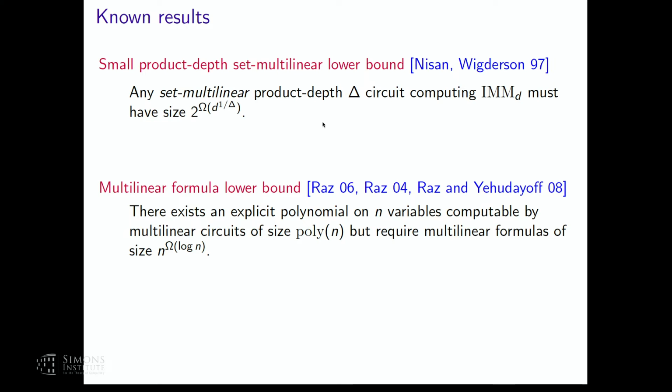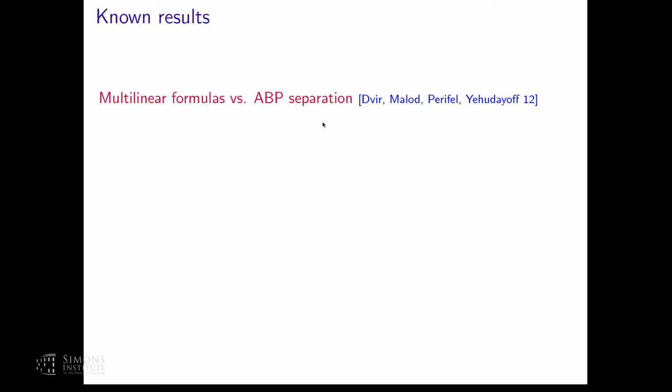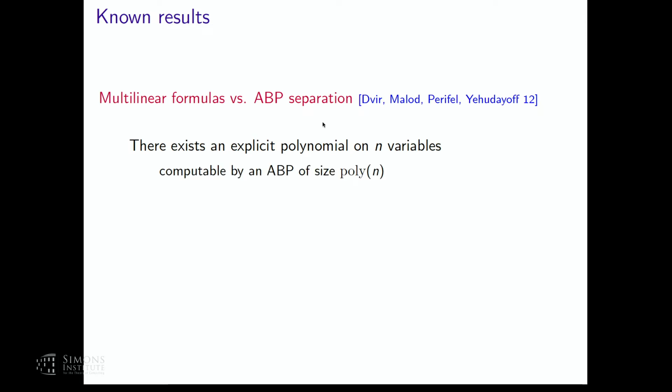Yet another very interesting result of Dvir, Malod, Perifel and Yehudayoff separates formulas from ABPs in the multilinear setting. What they say is that there exists an explicit polynomial on n variables computable by ABPs of size poly n, but any formula computing it must have size n to the omega log n.